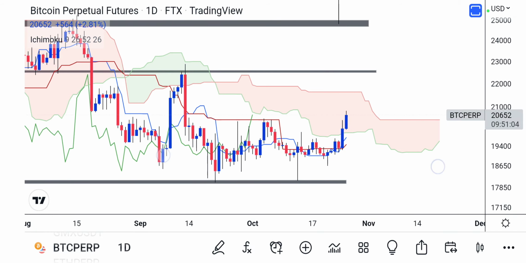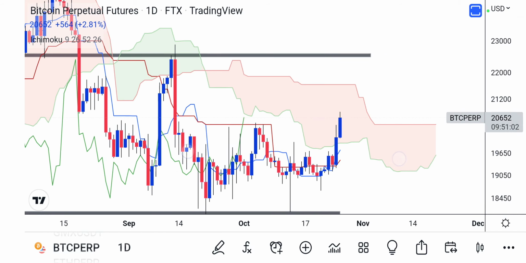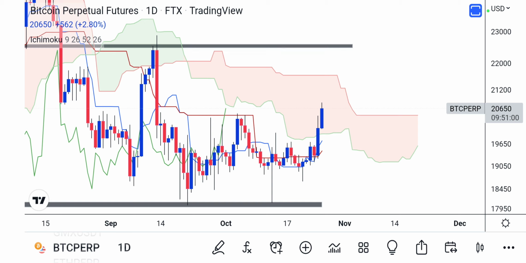So first thing, you can see how price is inside the cloud. So we'll likely get an edge to edge move, facing this flat cloud, so price will likely push towards the flat cloud here.